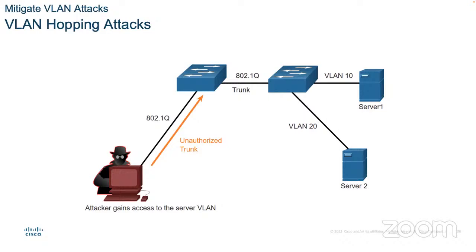STP is the tool that can do that for you, where you can craft a packet and have it be tagged with multiple VLANs, so that as it jumps from one VLAN to the next, it strips that layer and jumps to the VLAN that you really want it to go to.